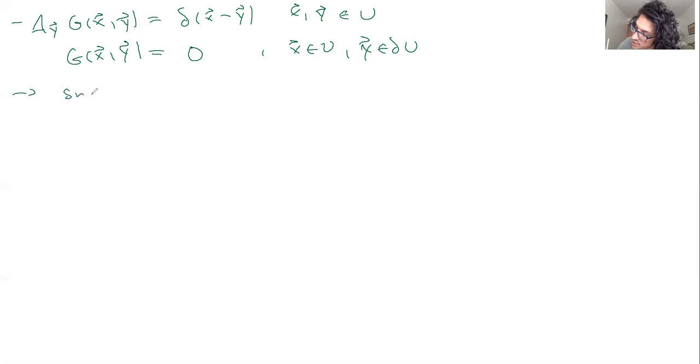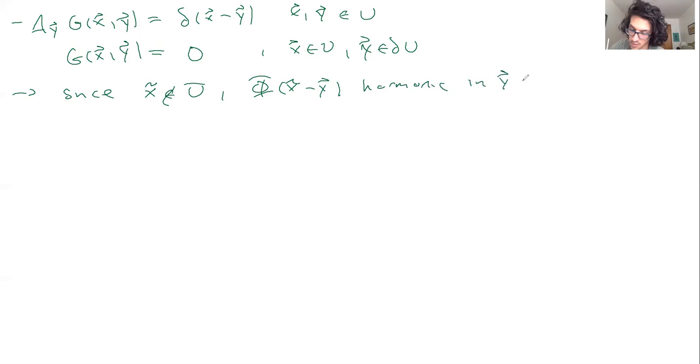And this is true essentially since x tilde is not in the closure of U. Phi of x tilde minus y is harmonic in y in U, and so we don't get any delta contribution from that term.